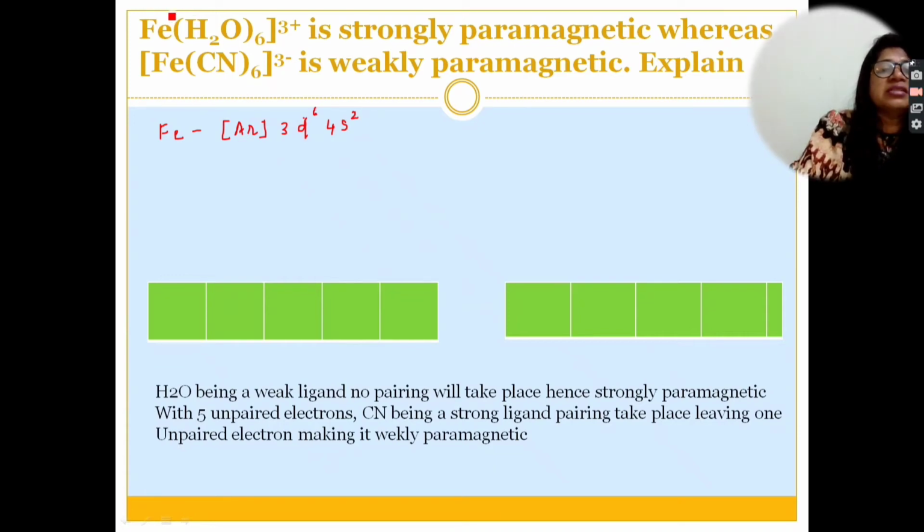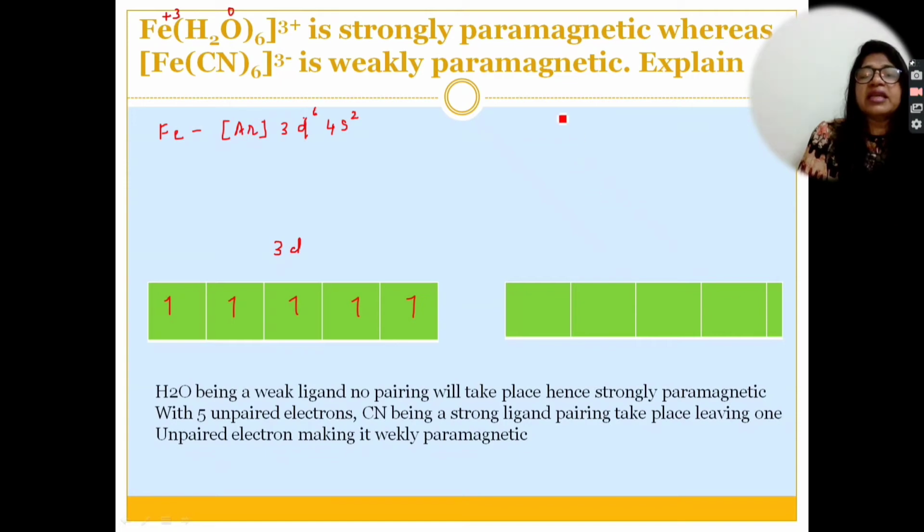The oxidation state of Fe is plus 3. H2O is 0. Outside is 3 plus, so the oxidation state is 3 plus. So remove 3 electrons. When you remove 3 electrons, you have 3d5. So let us arrange these 5 electrons here. Now you can see there are 5 unpaired electrons, so strongly paramagnetic.